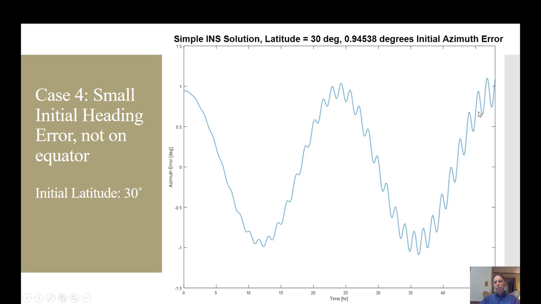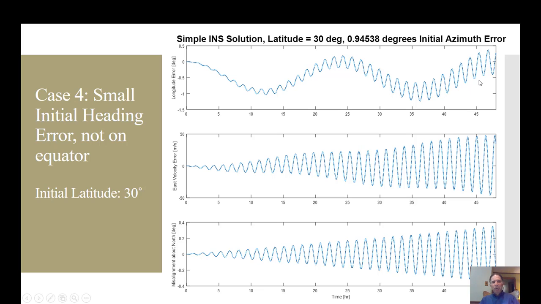Here you can see the Schuler oscillations are growing, and this is because in this simple program we do not actually implement speed damping to bound the growth of the Schuler type errors. Again, continuing with case 4, we have this heading error and latitude of 30 degrees, and you could see the diurnal oscillation and of course the growing Schulers.